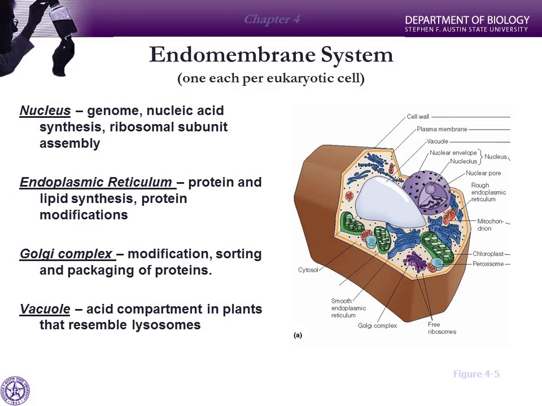And often they're just referred to as transport vesicles. So the proteins that began to be processed in the ER, they're going to get shipped to the Golgi complex for further processing, sorting, and then shipping. And from the Golgi, again, we have transport vesicles that are going to move that material to its destination, much like FedEx.